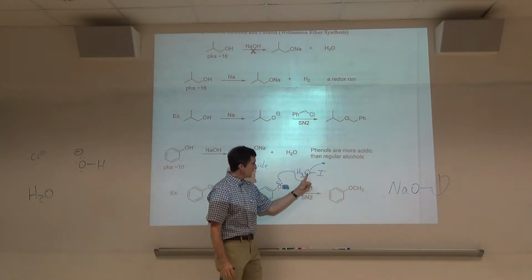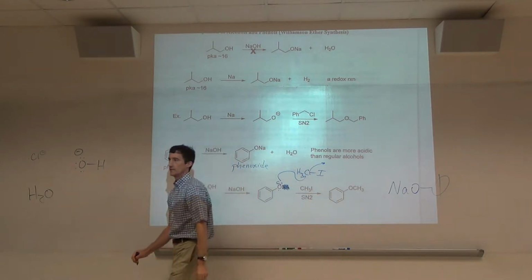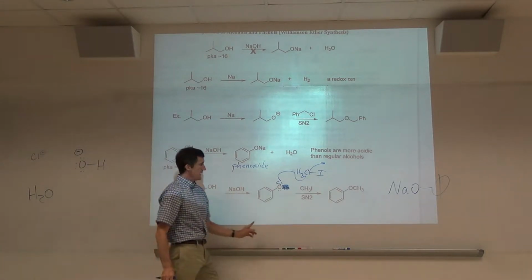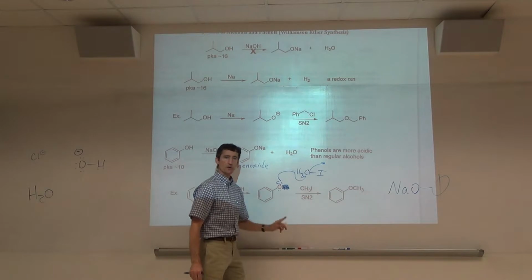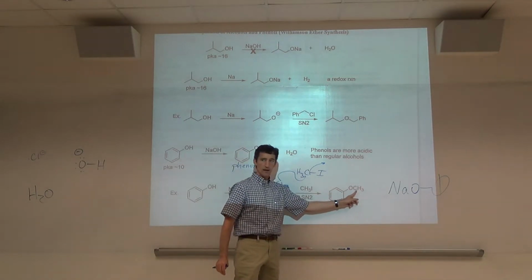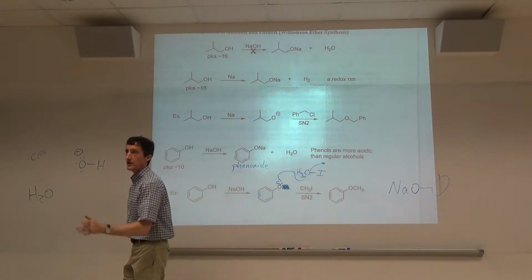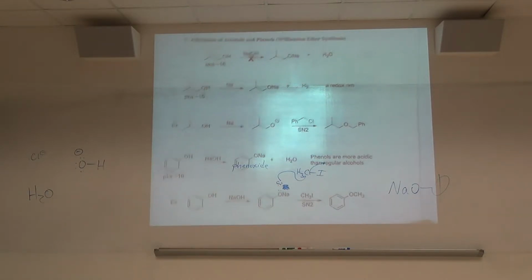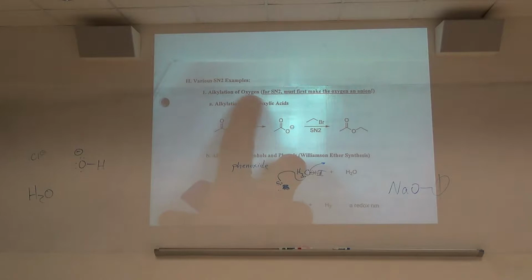And now the O is bonded to the methyl. We methylated our oxygen, we alkylated our oxygen. And lo and behold, the product is now no longer an alcohol or phenol, but an ether. So that's also a Williamson ether synthesis. Two-step process. Make your anion, then do your SN2. So that's alkylation of oxygen.